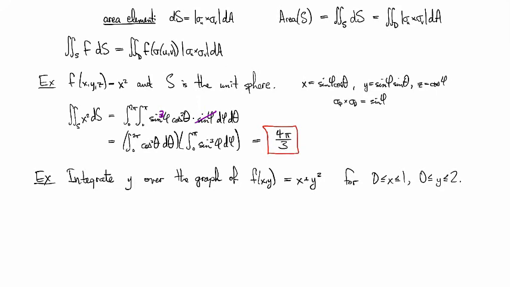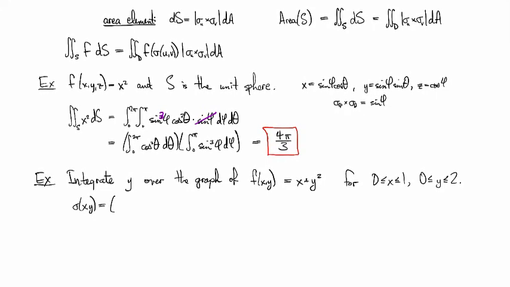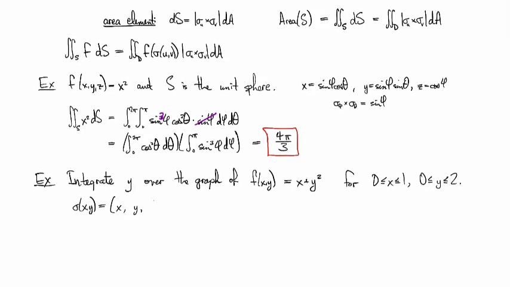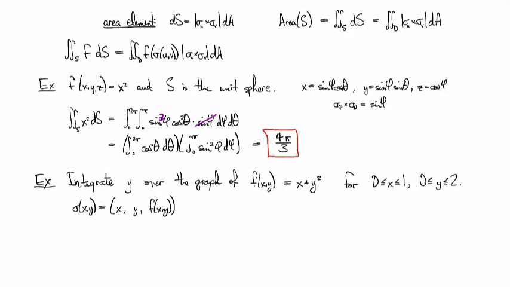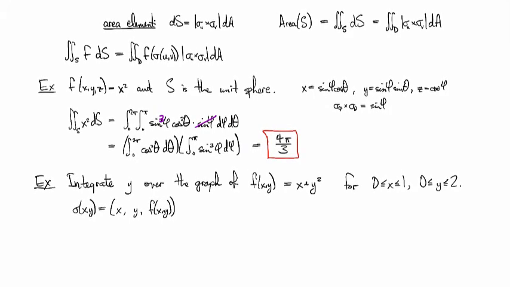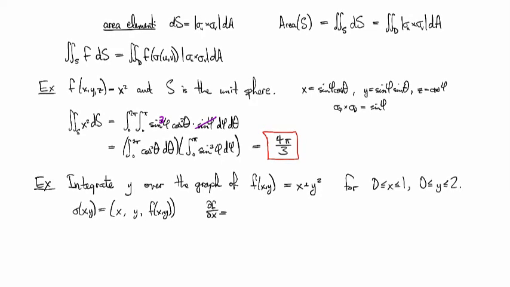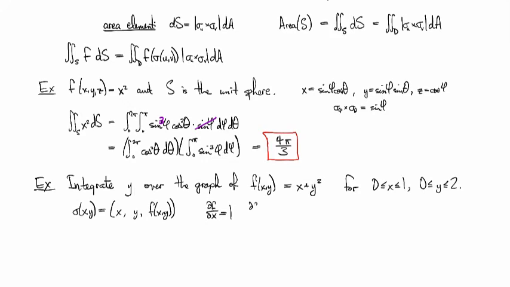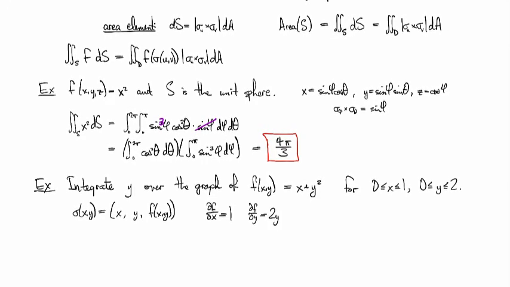All right, so let's see what's going on now. Our parametrization, we'll just use x and y for our variables, and it's going to be x, y, and f of x, y. That's going to give us our surface parametrization. So we just need to look at the partials of f. We've got df dx is 1 and df dy is 2y.